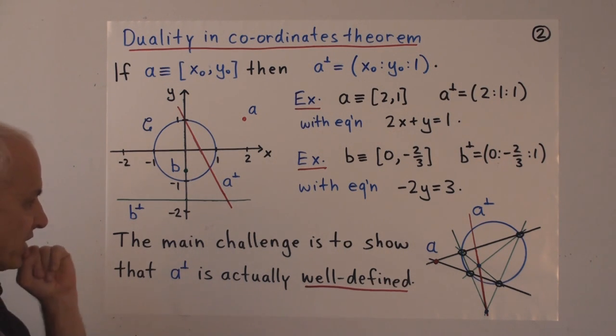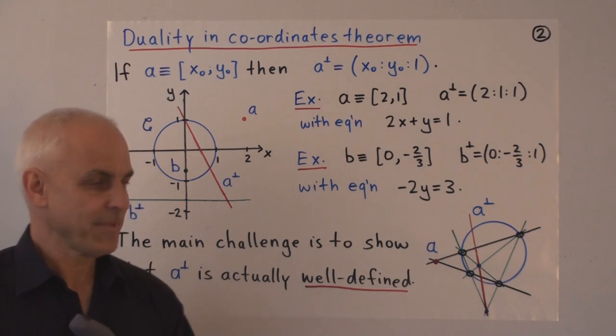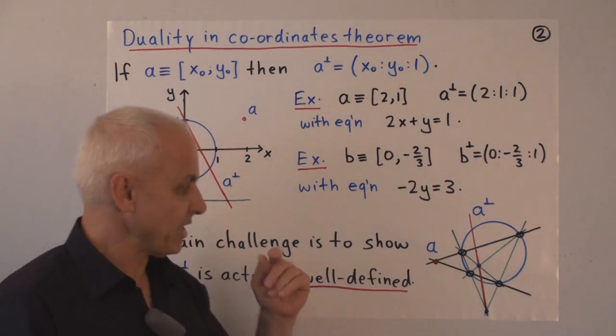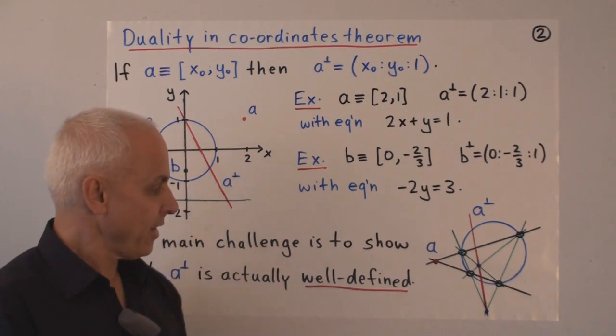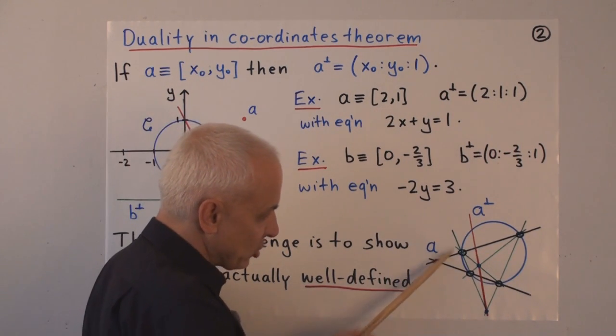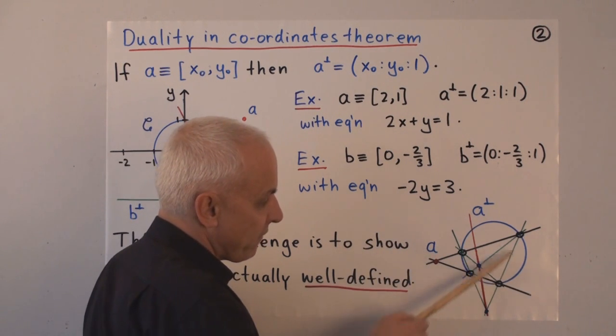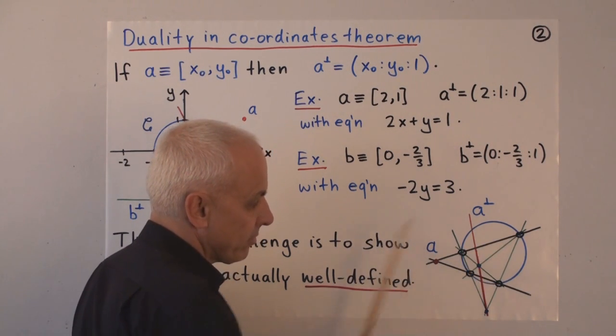The main challenge for us is to show that A perp is actually well defined. So I remind you what we did to define the dual. If there's a point A, then we said, let's choose 2 lines through A which meet the circle in 4 null points.